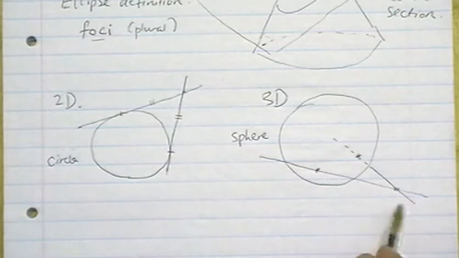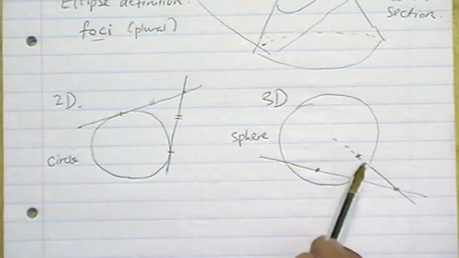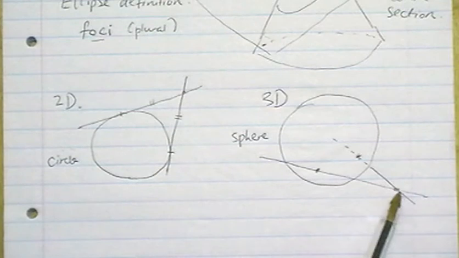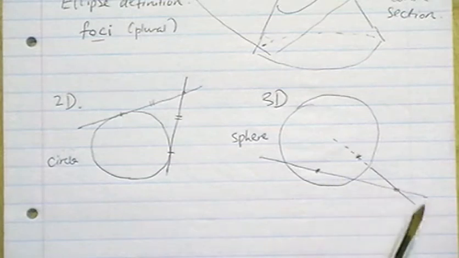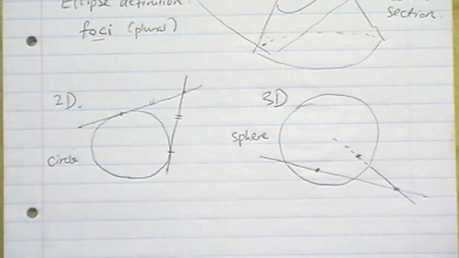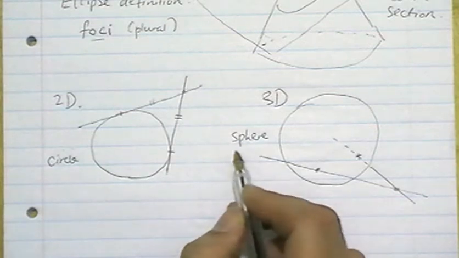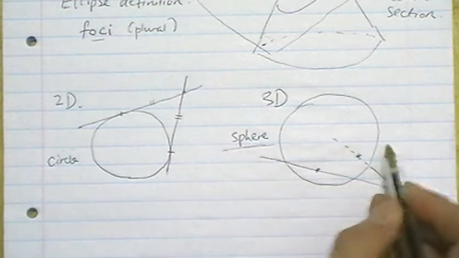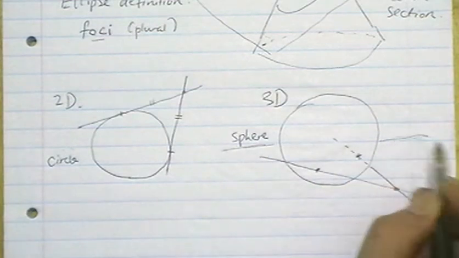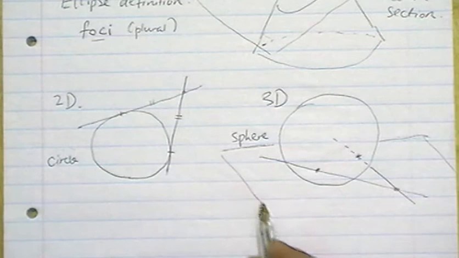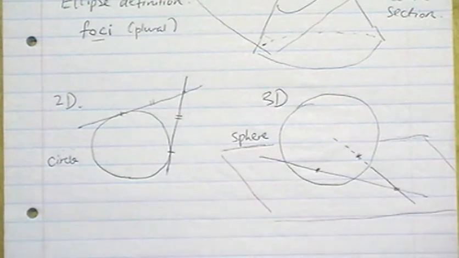The reason is this. With these 2 lines that are crossing, I can think of a plane, the plane that contains those 2 lines. All right, with 2 lines crossing at a point, there can only be one such plane that contains the 2 lines. So I'm going to sketch a plane like that.